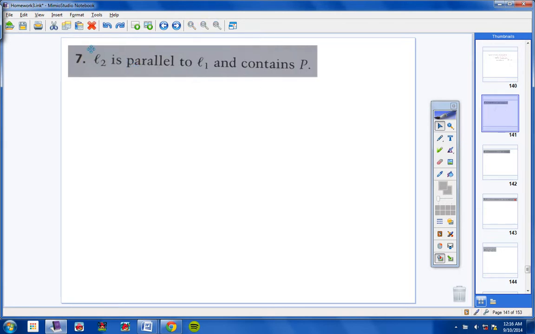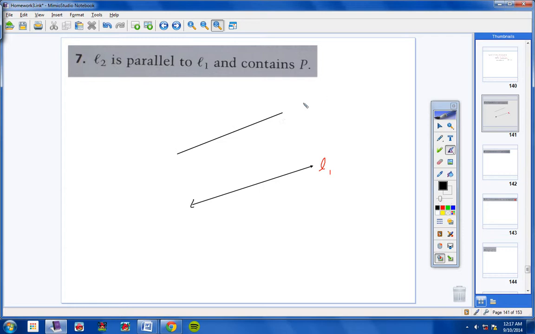The directions say to draw a line L and a point P that's not on L, and then draw L2 as indicated. So let's go ahead and draw L1. We will label this line 1, and line 2 is parallel to line 1 and contains point P. So here's a parallel line.